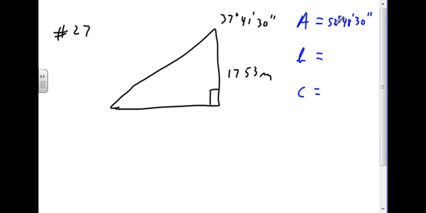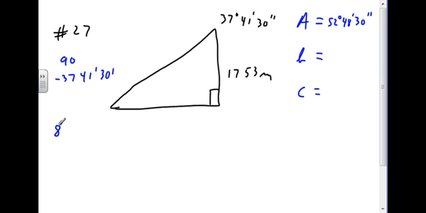How did you get the 48 from the 41? Yeah, well, when I check my work, I knew it was 30 seconds because I have 30 seconds here. If I'm subtracting this number, I'm going 90, and I'm subtracting 37, 41, 30. Oh, okay. Well, what I'm going to do is borrow, right?